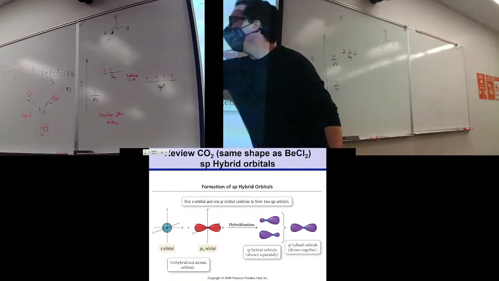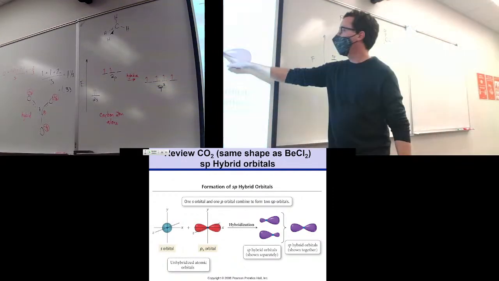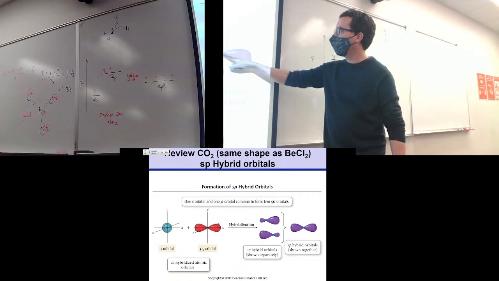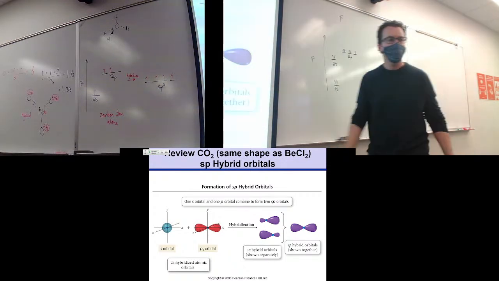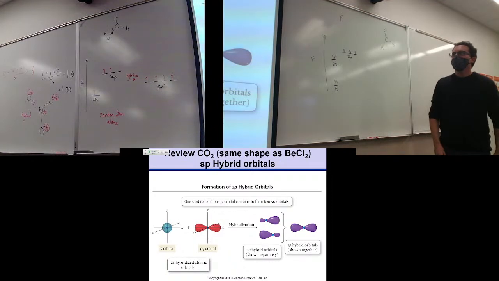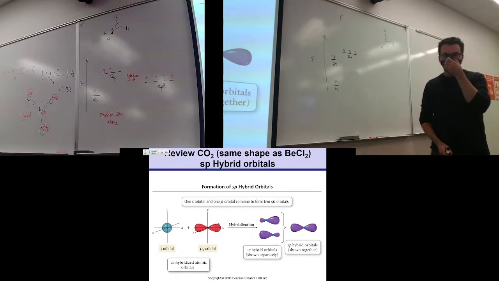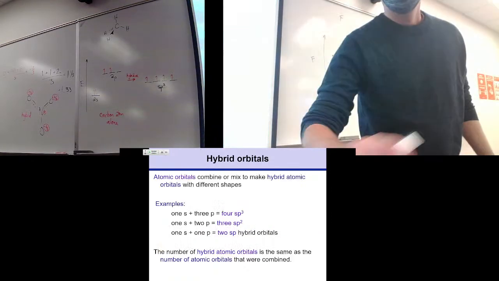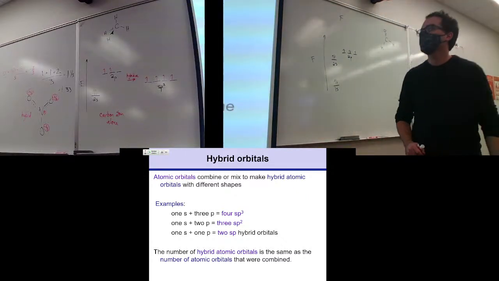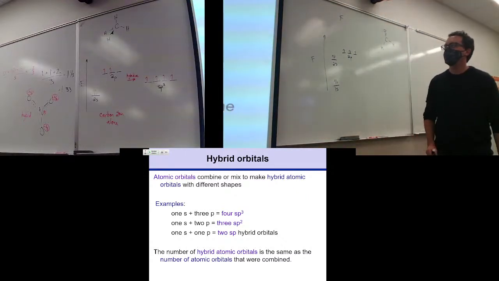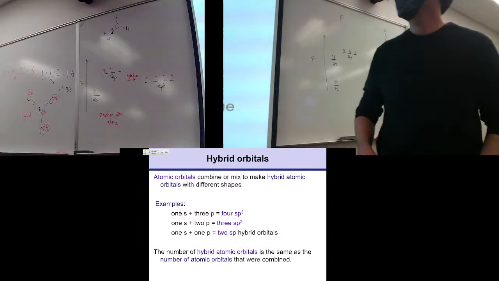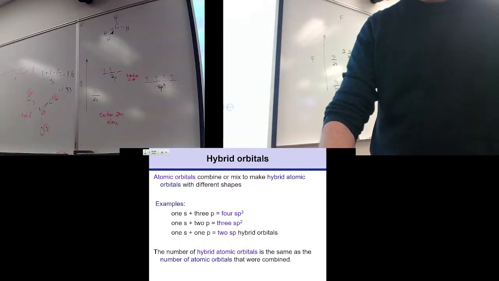One points that way, one other points the other way. Perfect for your central atom carbon and your oxygens on either side. Okay. sp3, it's 1 s, 3 p's, that makes 4 sp3 hybrids. sp2, sp, and so forth.